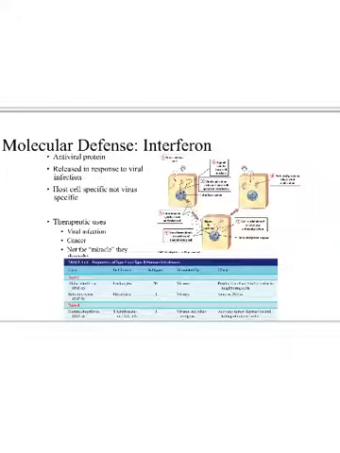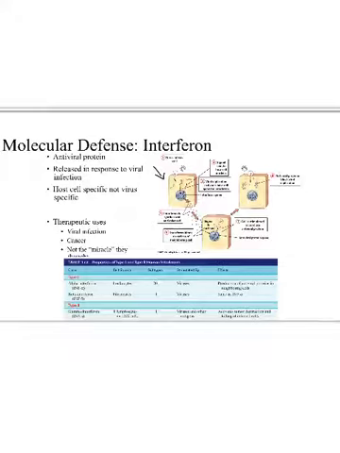If we look here at this little diagram, the virus infects the cells, and the signal is going to go to the host cell nucleus. And the virus starts to replicate. When it does that, it actually turns on the host cell gene for interferon. So then the host cell starts making the interferon because it recognizes that a virus is there.